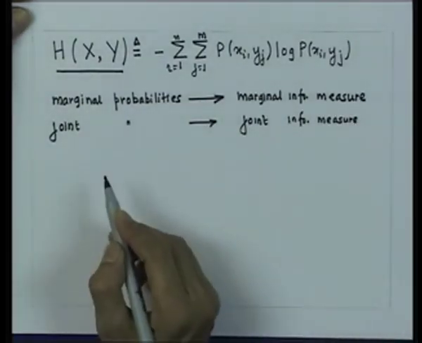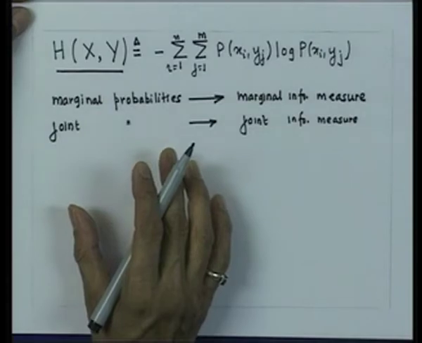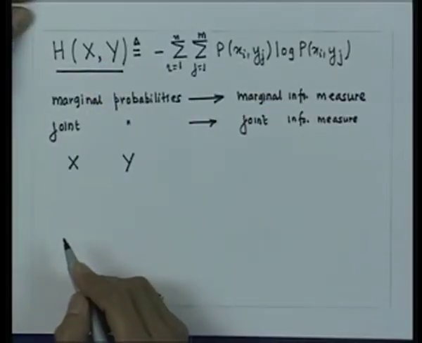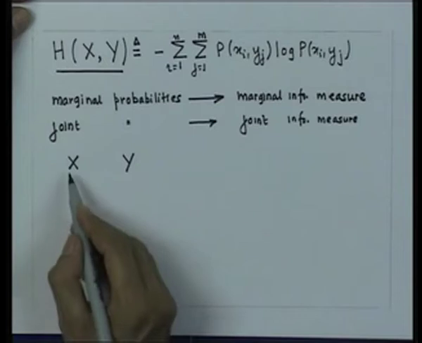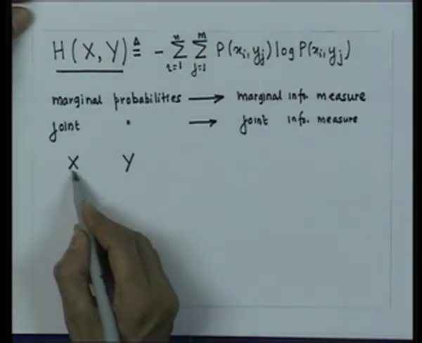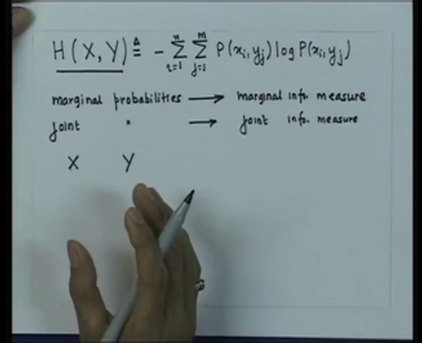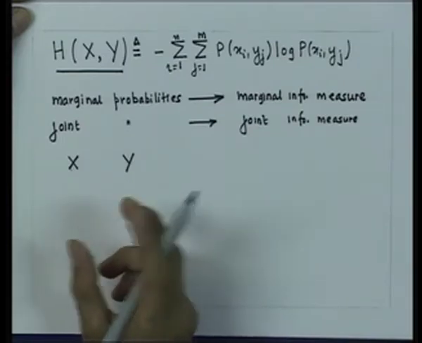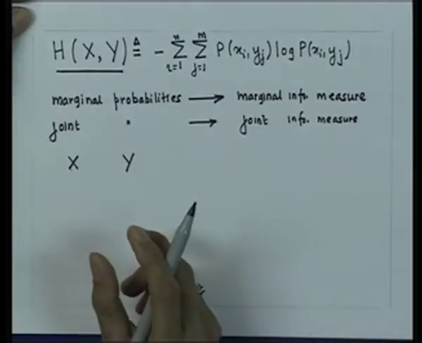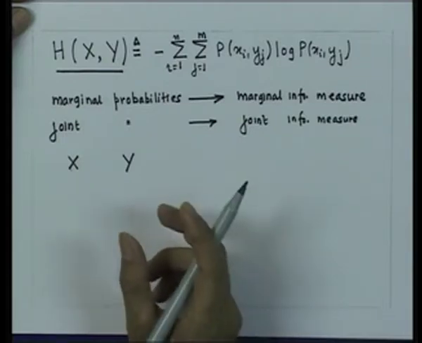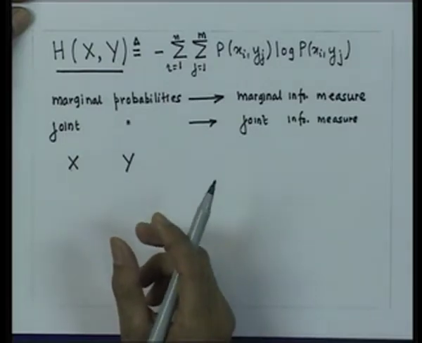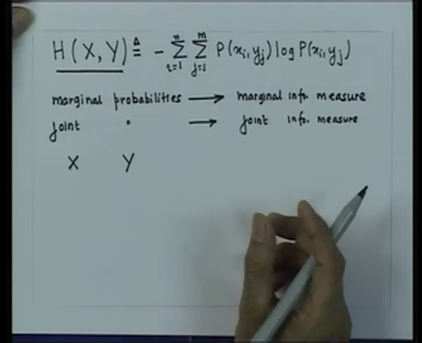So, the question that arises is, suppose I have two different experiments x and y, and possibly the outcomes of these two experiments are related in some manner. Is it possible for me to define what is known as conditional information measures?